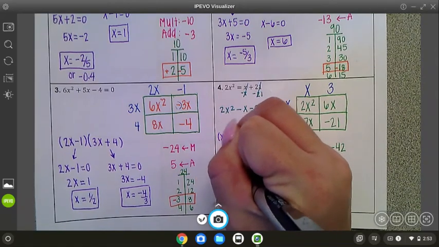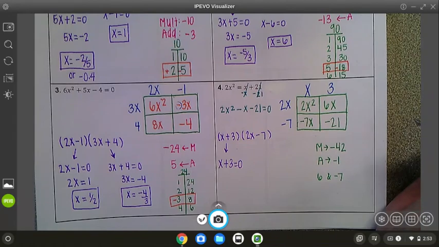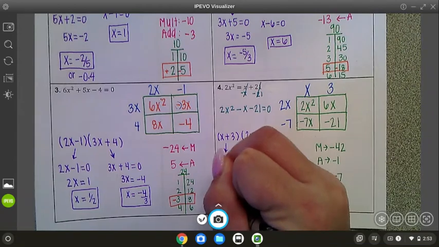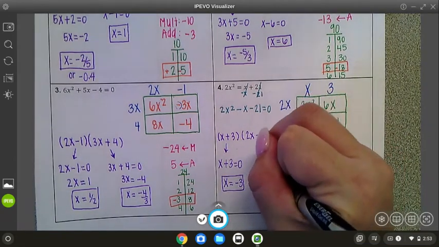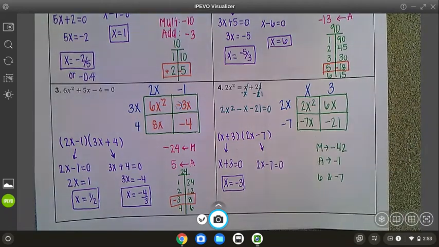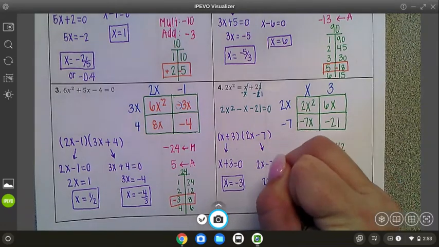So we have x plus 3 equals 0. If we subtract 3, we get x equals -3. 2x minus 7 equals 0. We'll add 7 and then divide by 2.